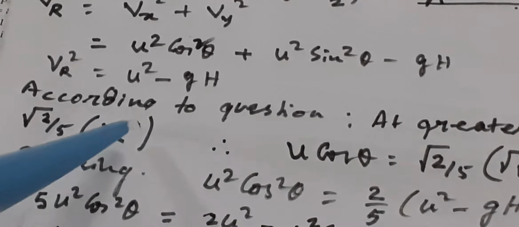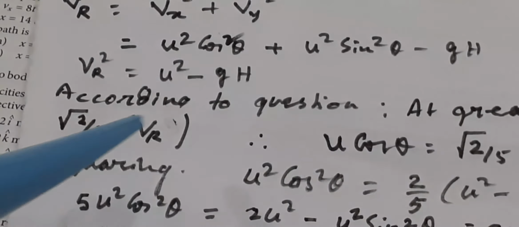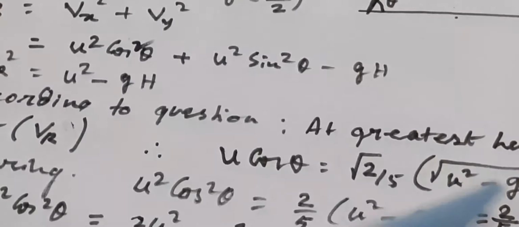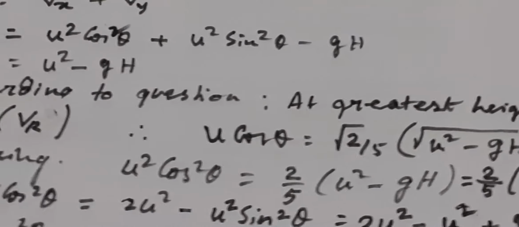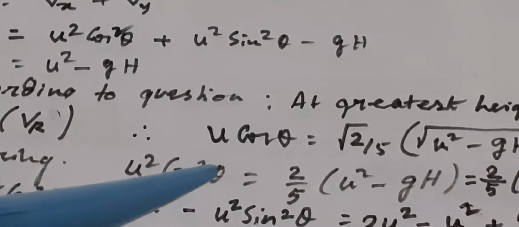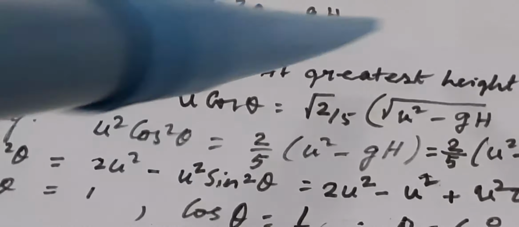Now already you know Vr is this one. I mean you can substitute in this form, that is root under 2 by 5 and this is root under u square minus gH equal to u cos theta. Then square both the sides. Squaring, you can organize, you can substitute H also.